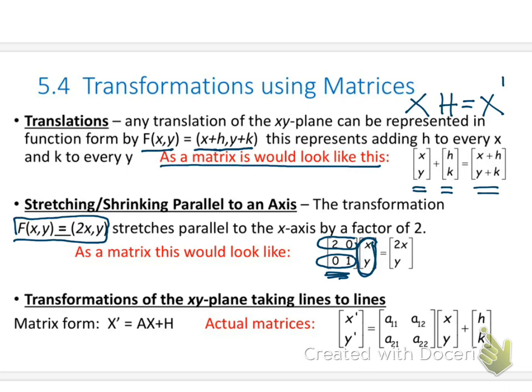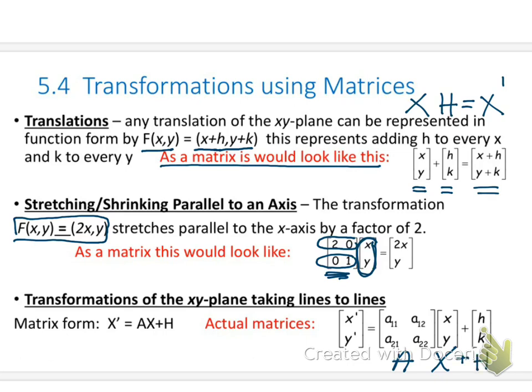Okay, and the last thing, this form. So what's happening here is you're doing 2 things to x's and y's. You are taking a multiple, so this matrix right here, the A matrix, is multiplying things. Here's your X matrix, and we call it the X matrix even though it has X and Y. And then after you're done multiplying, you're also going to add.